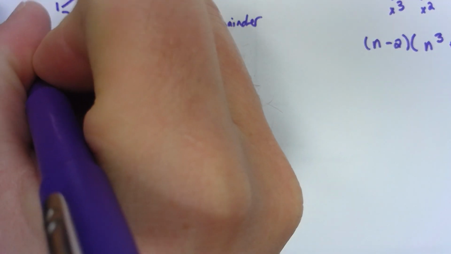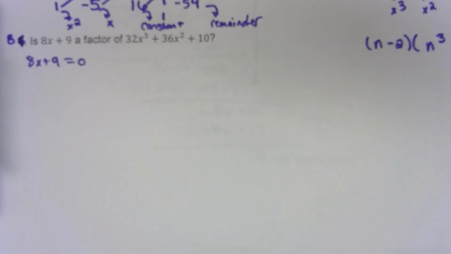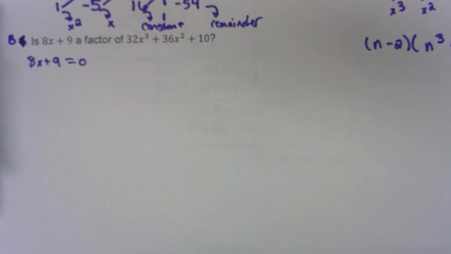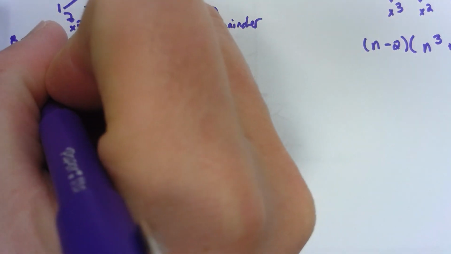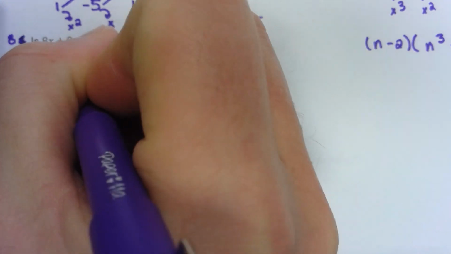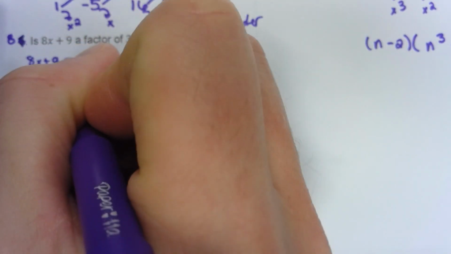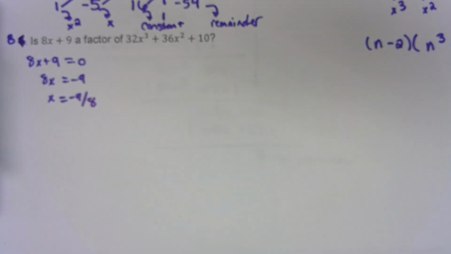Again, I always start with taking what we're dividing by, in this case 8x plus 9, and set it equal to 0. Because now, for me to figure out what that potential solution would be, I have to subtract 9 and divide by 8. So we're checking, is negative 9/8 a solution?